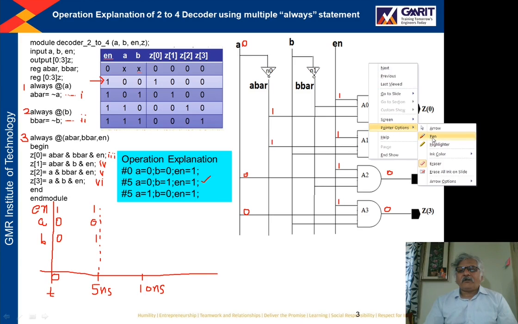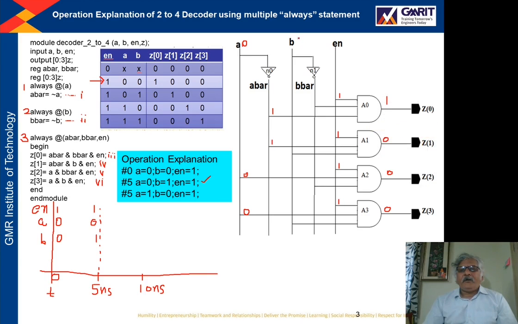So now due to this, what will happen? B is 1 and this B bar is 0, right? So 1 here and here B bar is 0, and here you have 1, right? Now what will happen? Since the value of B bar has changed, earlier it was 1 and now it has become 0.